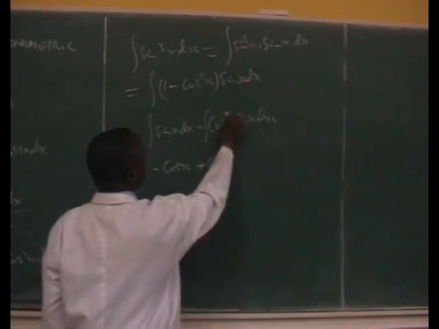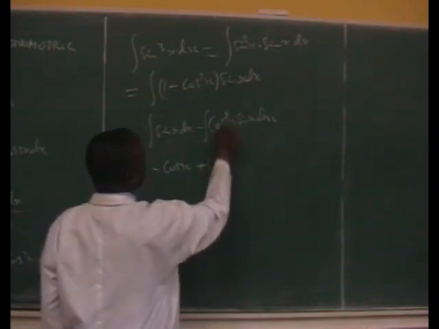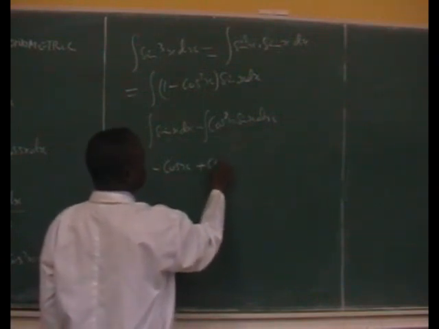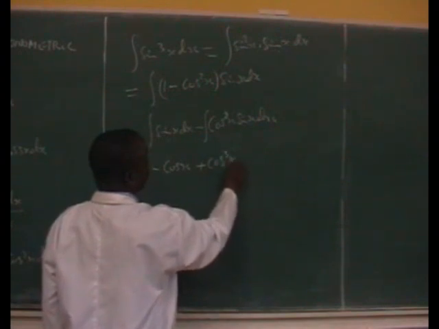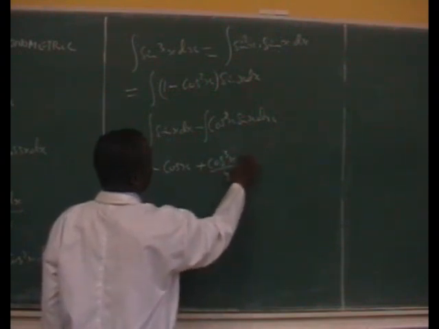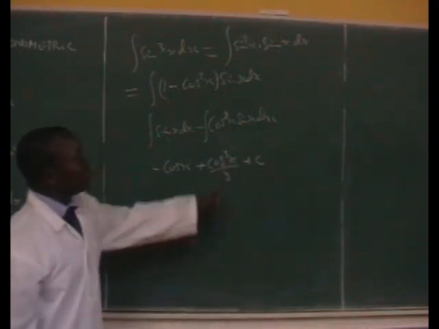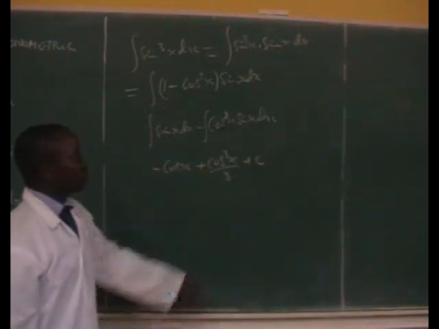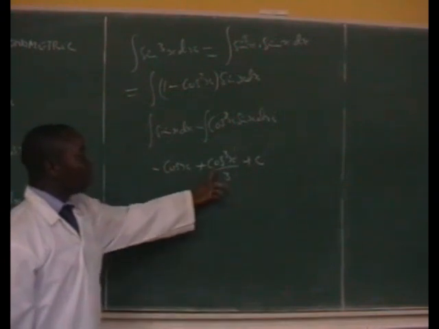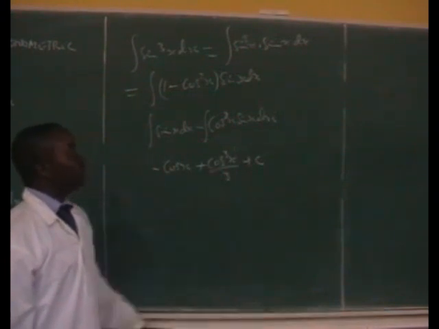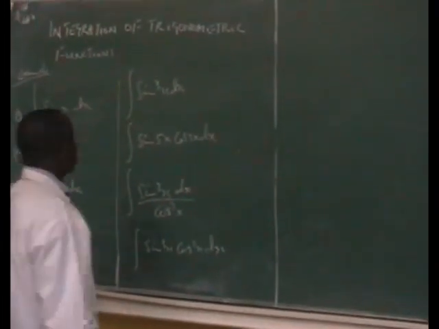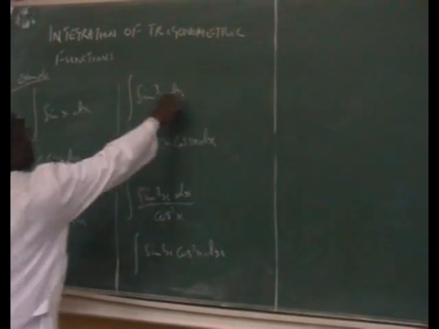Remember that this is cos square x times sine x, so if I integrate it, I will have cos cube x all over 3. So this is how we can express this one. So we have solved these ones.